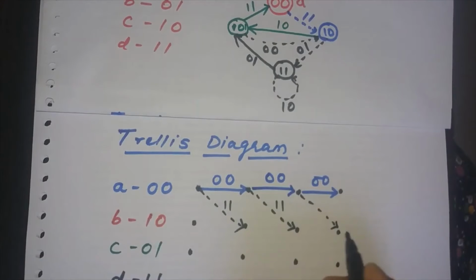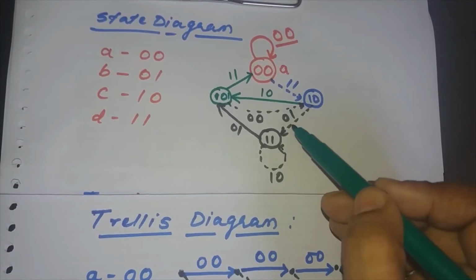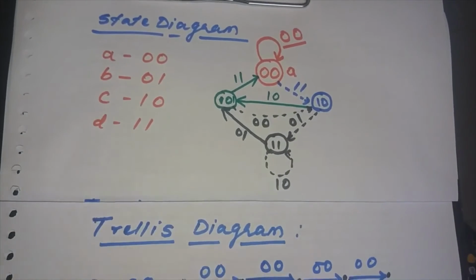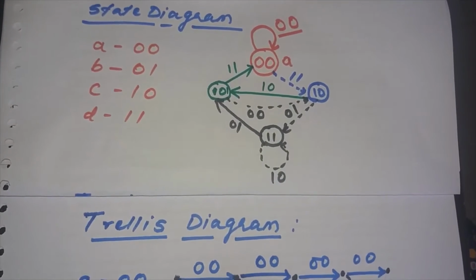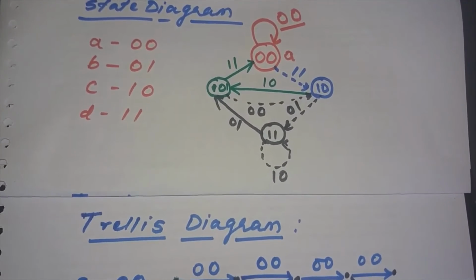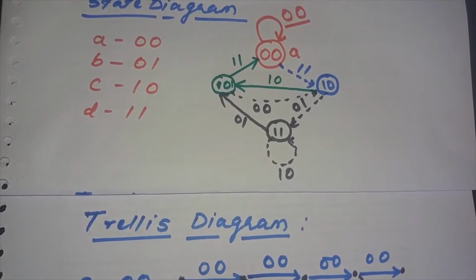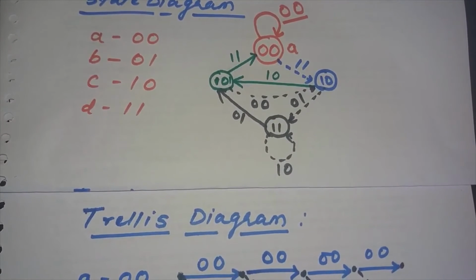Again, in state 10, if the input is 1, we move from state 10 to the next state 11, which is indicated by this dashed line, and the output is 0, 1. So this is shown on the trellis that from state 10, if the input is 1, we move to the next state 11, and since the input is 1, it is shown by a dashed line. Now, as we did for the state 00, this is repeated for the remaining columns in the trellis.